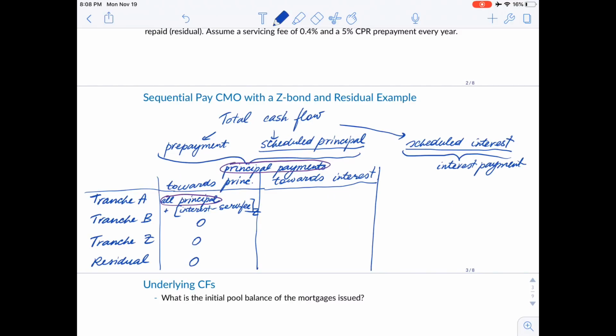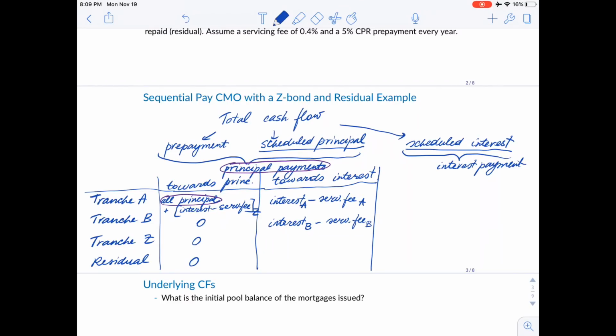So let's think about what each of the tranches get in interest. So this will be the total interest. So A will get its interest, and it will have to pay servicing fee, right? B will also get its interest, and it will also have to pay servicing fee.